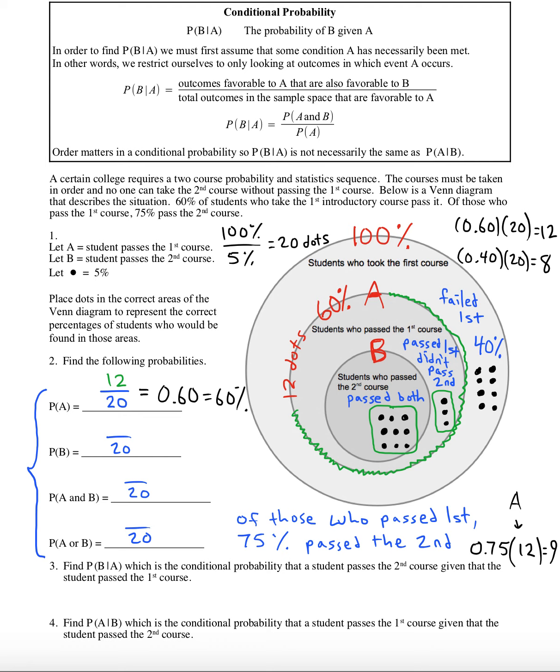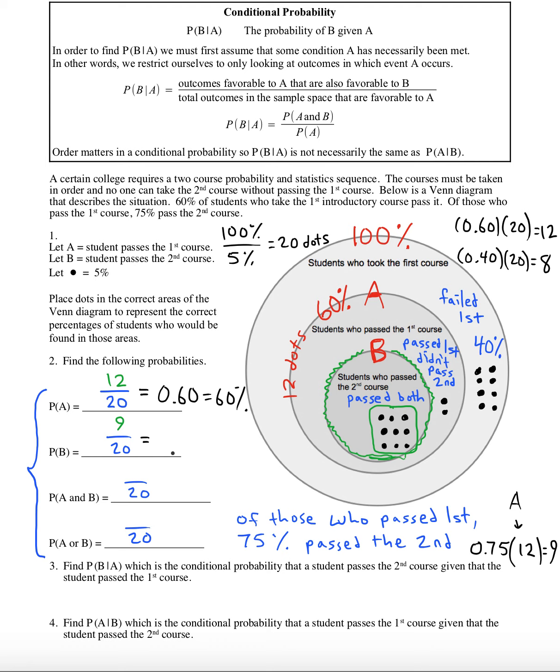All right, now let's look at just bubble B. So we don't want this anymore, and we don't want that. We want to find anybody who's a success for B, meaning they passed the second course. Anybody in this bubble, our numerator will be 9.